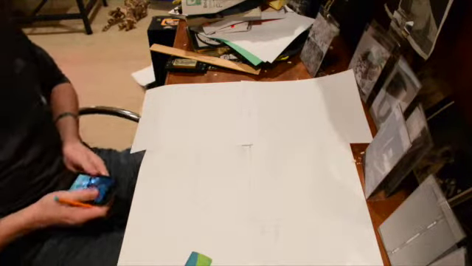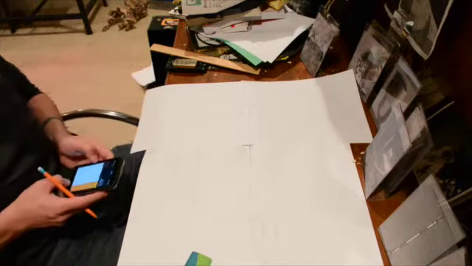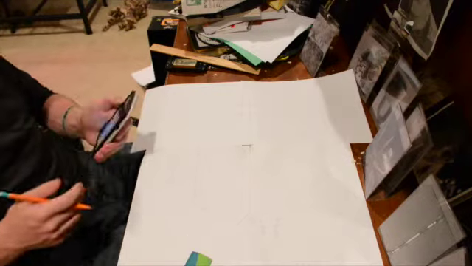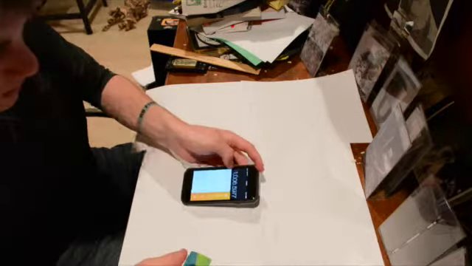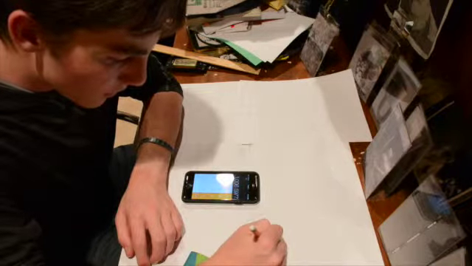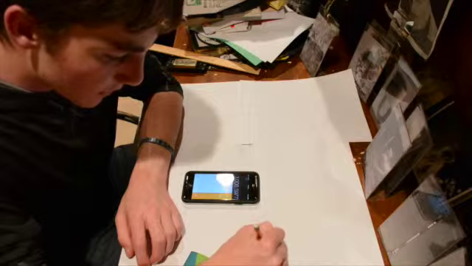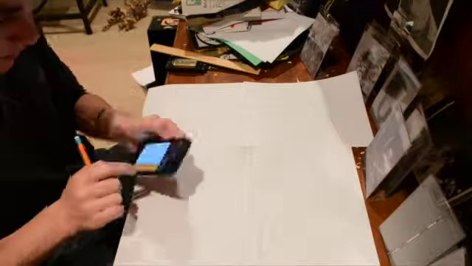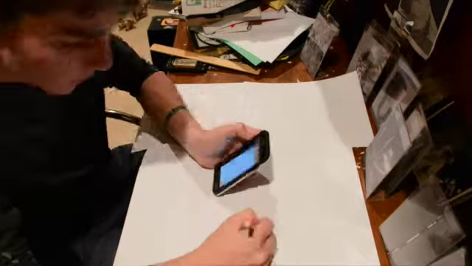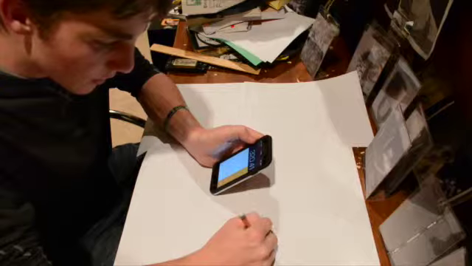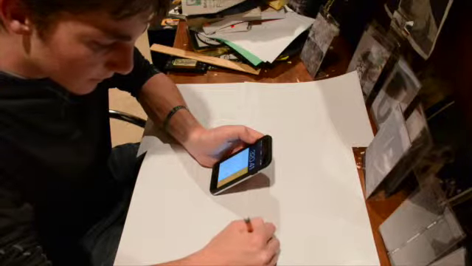Now I'm going to work this out in the calculator real quick. So roughly 1,006.5977 centimeters, or 320.41 pi.